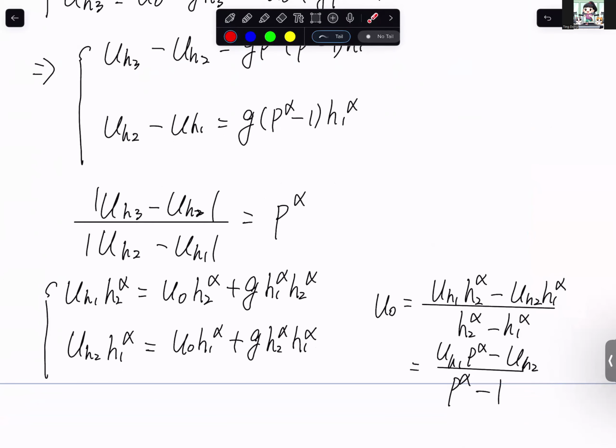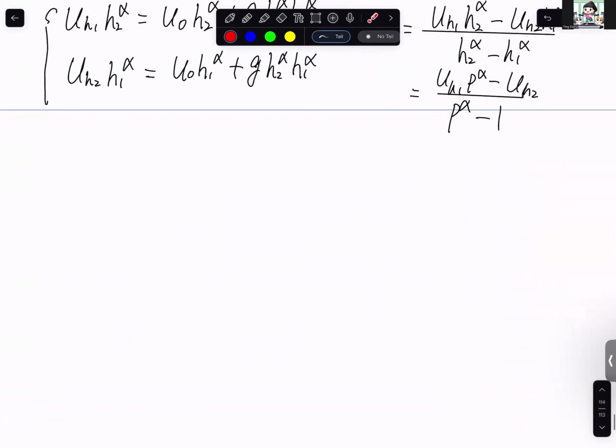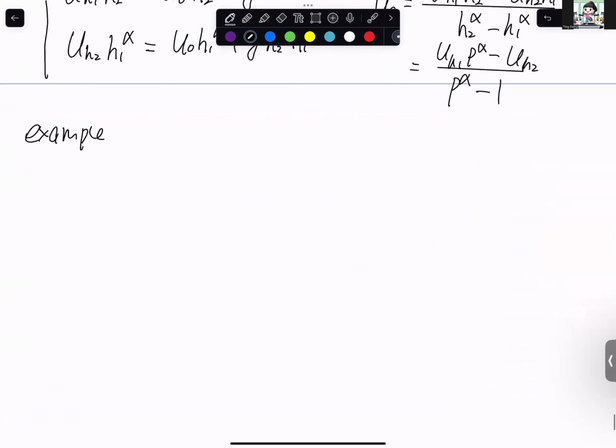Okay, let's do an example problem. We need to use square elements to model a rectangular block. And of course, the rectangular block is simplified as a plane stress situation.